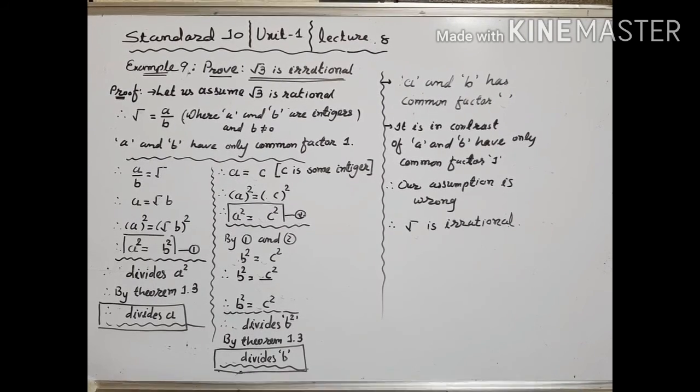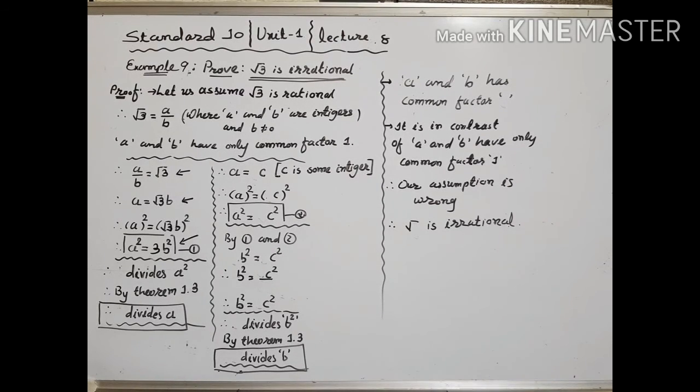Therefore we can say root 3 equals a upon b, and a and b have only common factor 1. By rearranging the terms, we can write a upon b equals root 3, and rearranging again, a equals root 3 b. By squaring both sides, a square equals root 3b whole square.